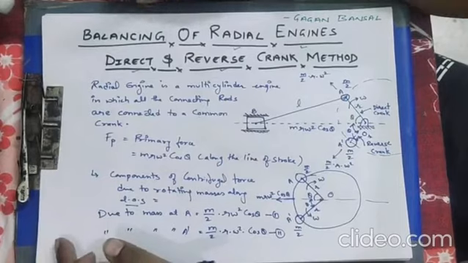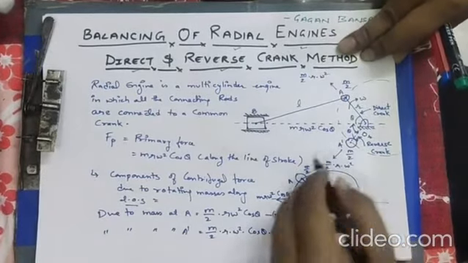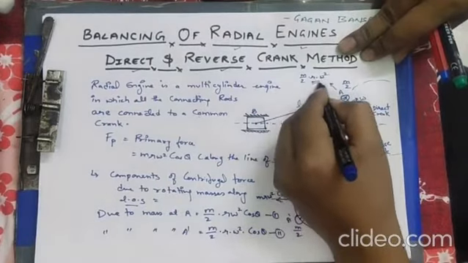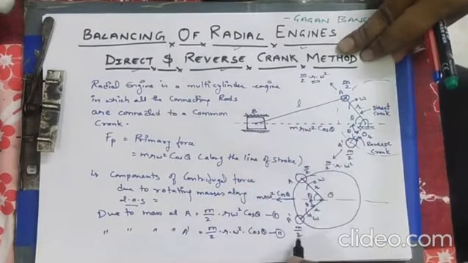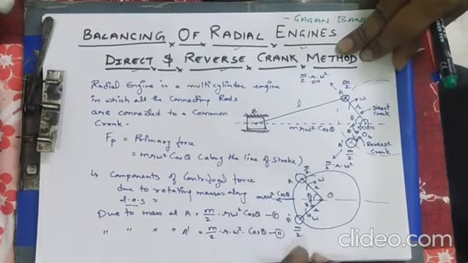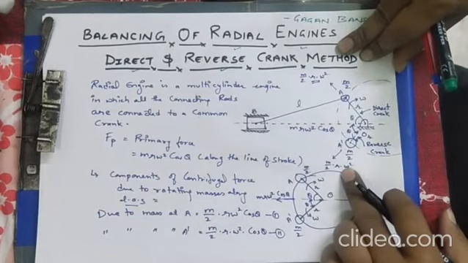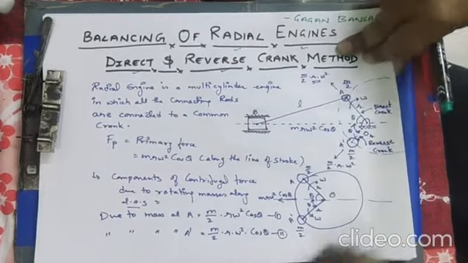Thus the centrifugal force along the line of stroke will create m by 2 r omega square cos theta. Similarly, A dash will also create a centrifugal force m by 2 r omega square, and the component along the line of action will be cos theta. Yes?